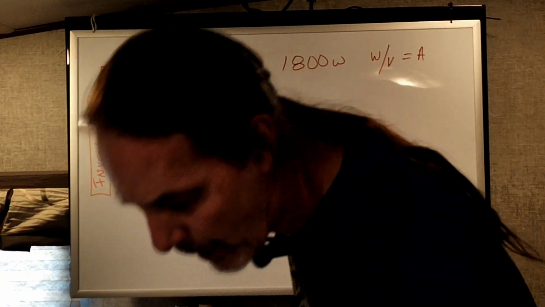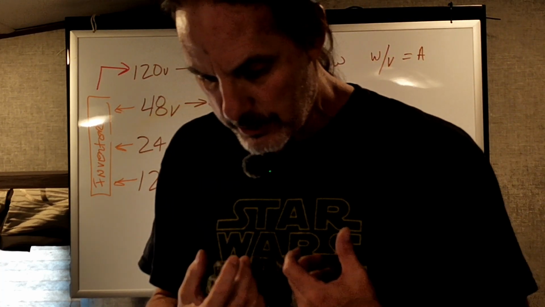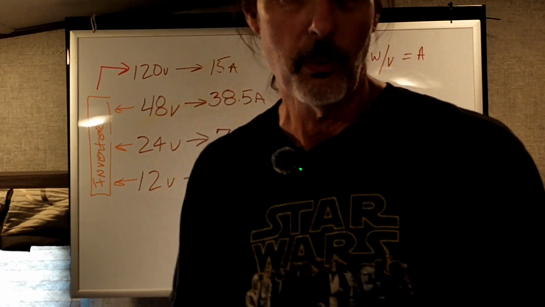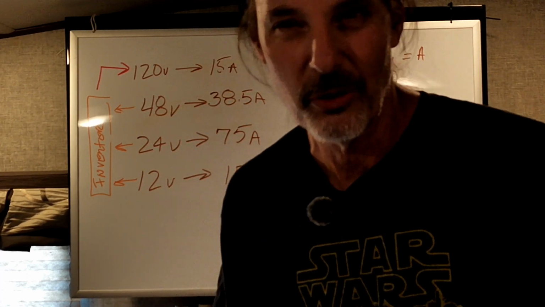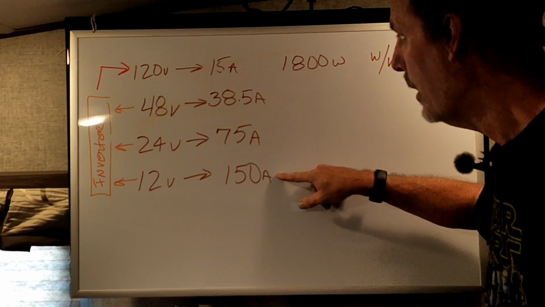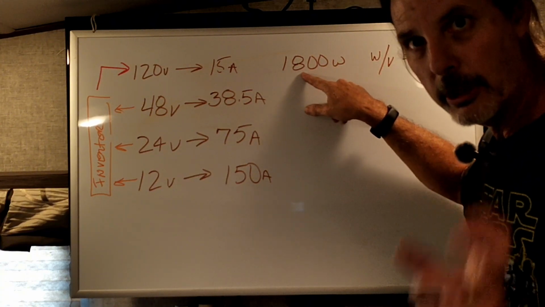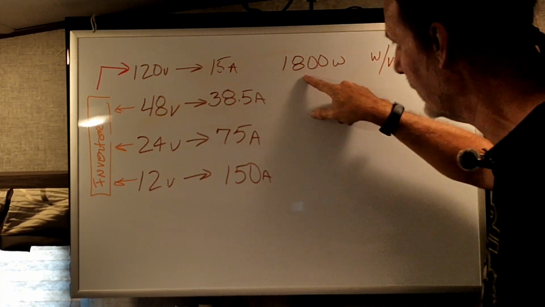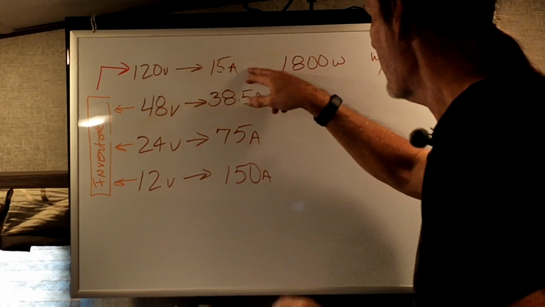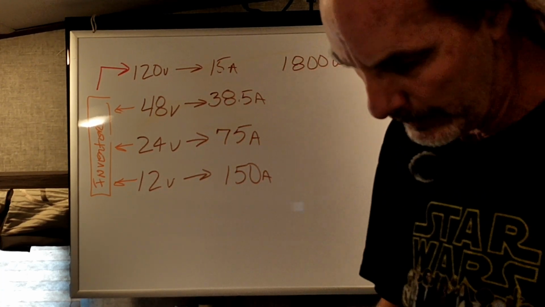Okay, if you're looking to run some simple lights in your RV, then you may want to go with the 12 volt, because chances are you're not going to need 1800 watts to run those lights. But we're talking about creating a solar system that allows you to get wall plugs that provide 1800 watts, or a 15 amp standard household wall plug.